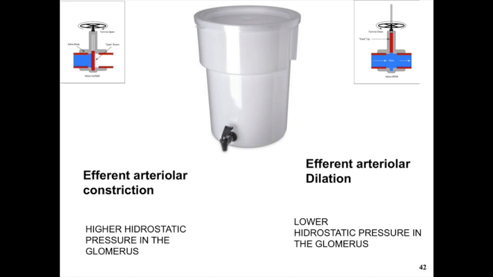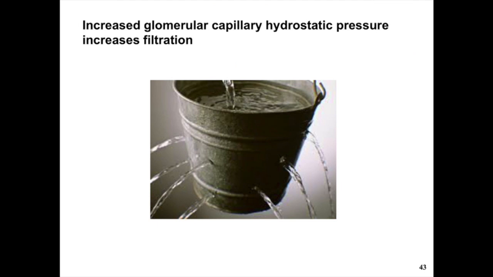It will block the blood from flowing out of the glomerular capillary, and therefore increases the pressure. And again, increased glomerular capillary hydrostatic pressure increases filtration. Well, I'm not sure if the bucket metaphor was the most useful. It took me a while, to be honest, to find all the images that I wanted. So I hope it is at least helpful to some people.